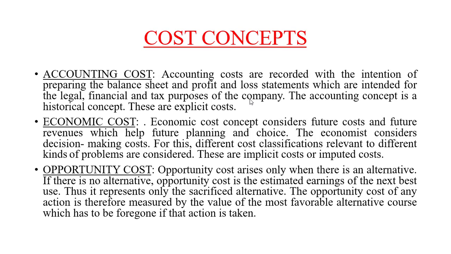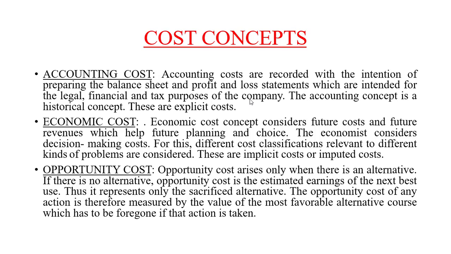But in economic cost, whatever you are recording in the accounting transaction, the costs, the expenses, the profits, plus the personal expenses, costs and profits, the accounting version and the personal version will be added together to get the economic cost. So that is the difference between the accounting cost and the economic cost.